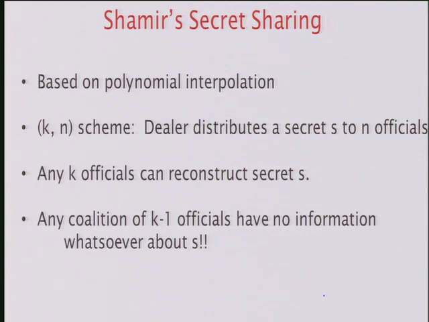The claim is these k-1 officials are as much in the dark about the actual secret as you or I. As far as they're concerned, it could be anything, any number between 0 and p-1. Okay? So we'll show this, right? And that's the really important property that choosing a finite field brings to the table.